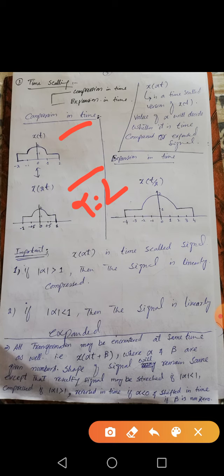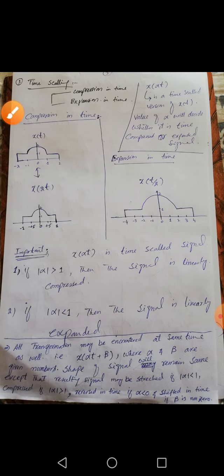However, the original signal is defined from minus 2 to 2, and here the resultant time scaled signal is defined from minus 1 to 1. So what does it mean? That the signal is compressed.